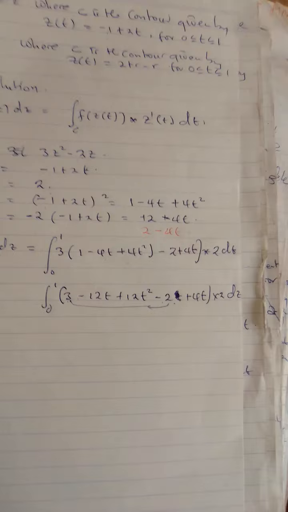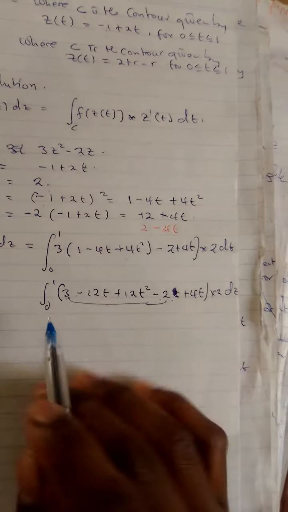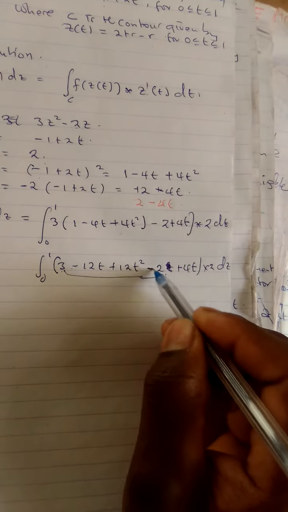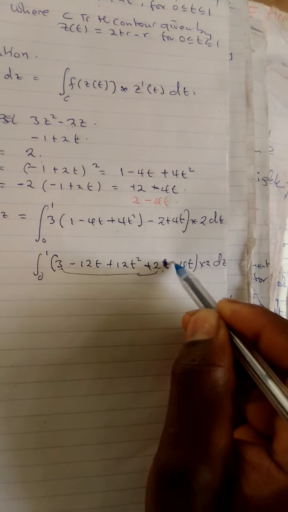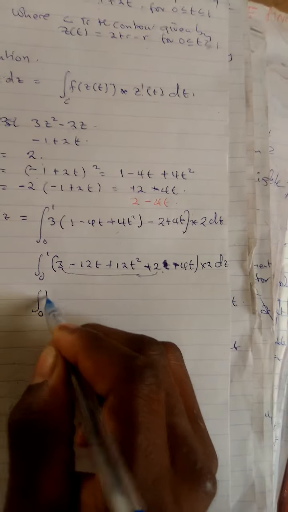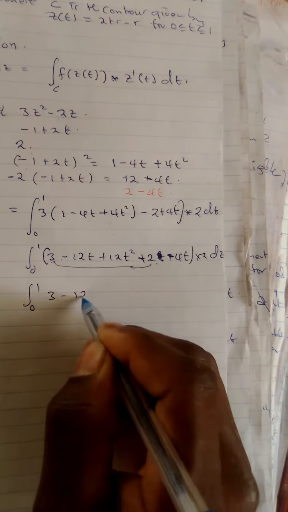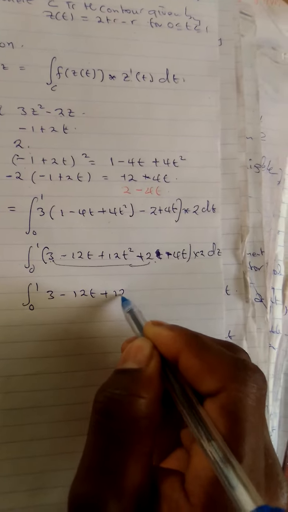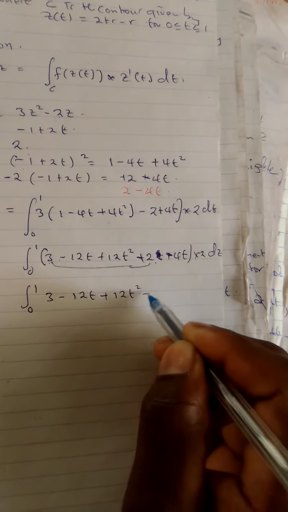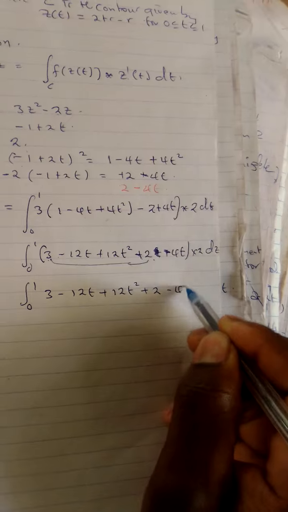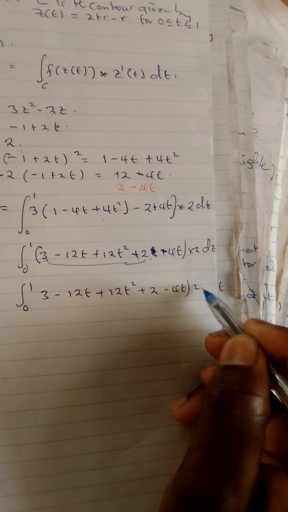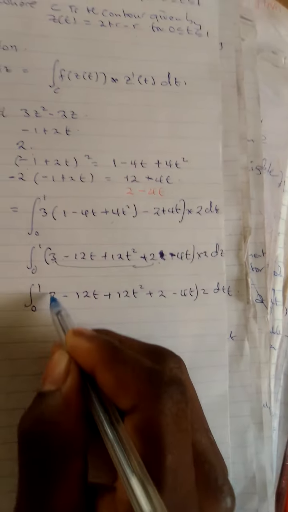We can continue. We therefore look at this as a positive and this as a negative. Rearranging it properly, I have 3 minus 12t plus 12t squared plus 2 minus 4t, times 2 dt.